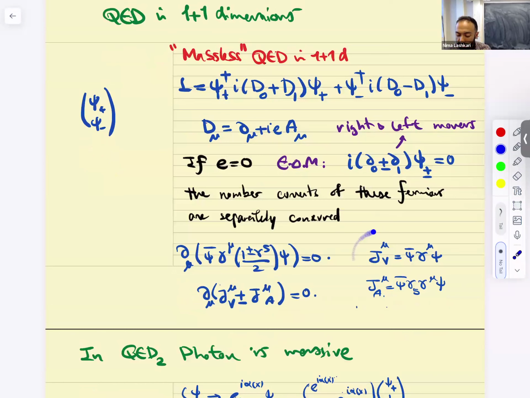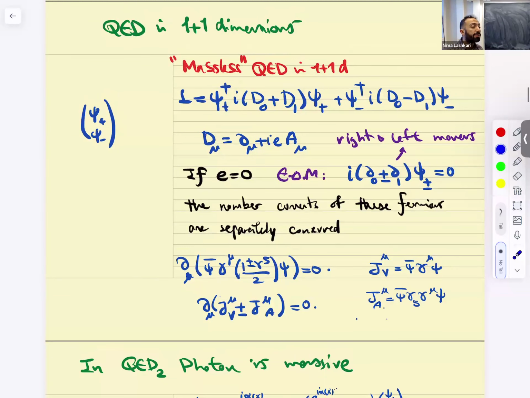The conserved currents have to do with the fact that the numbers of left movers and right movers are independently conserved. I think this is clear. Any questions?